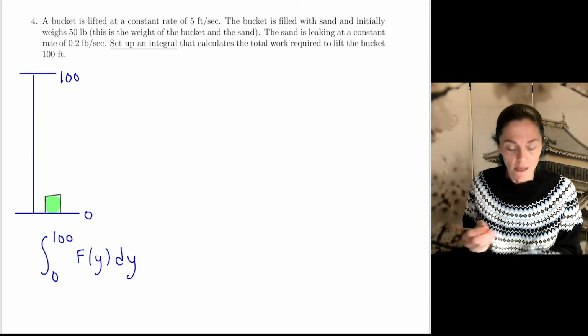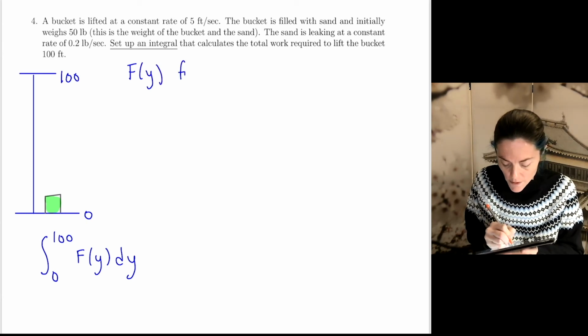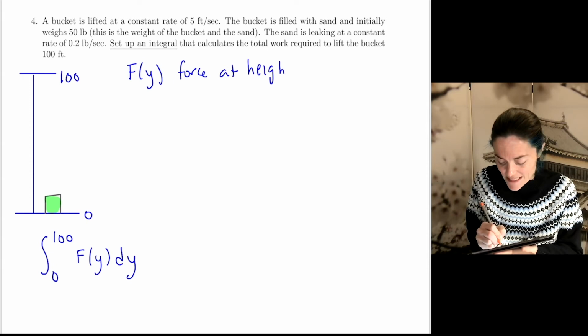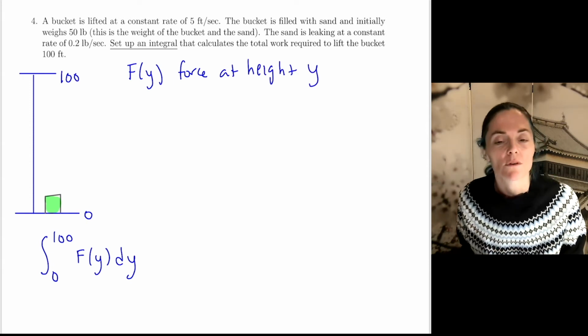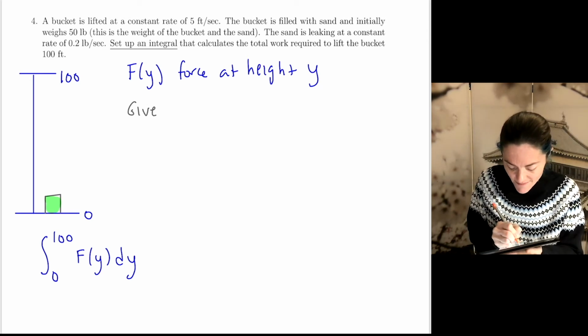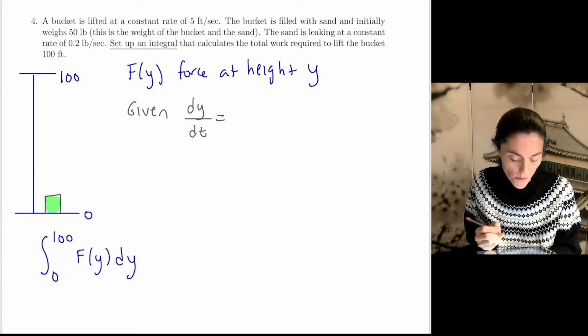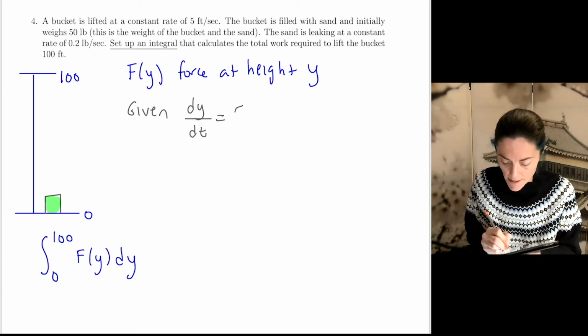So what are we given? F of y will be the force at height y, and we are given enough information to determine this. We are given dy dt equals 5 feet per second, the rate it's being lifted.